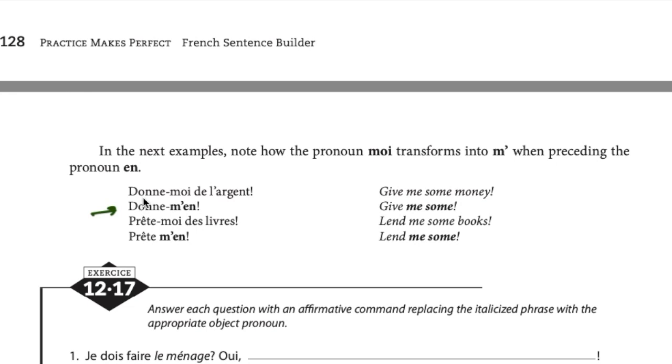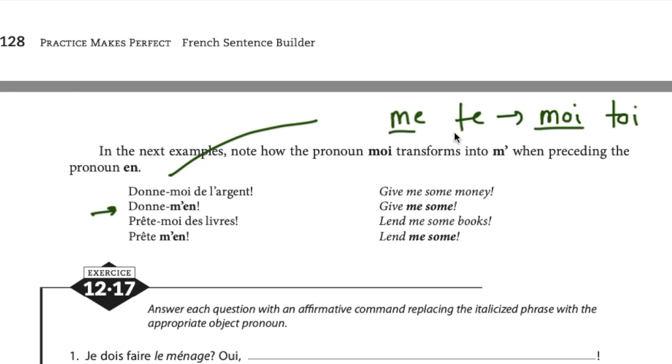One last thing. Donne-moi de l'argent. So now you have seen that in orders, me and te become moi and toi. You remember that when you have to change these pronouns to moi, toi in positive orders, right? Whether it's an indirect object pronoun or a direct object pronoun, you still change both of them to moi, toi. But when you combine it with en, for example, this was donne-moi de l'argent, give me some money, which is also what I'm asking you, give me some money.